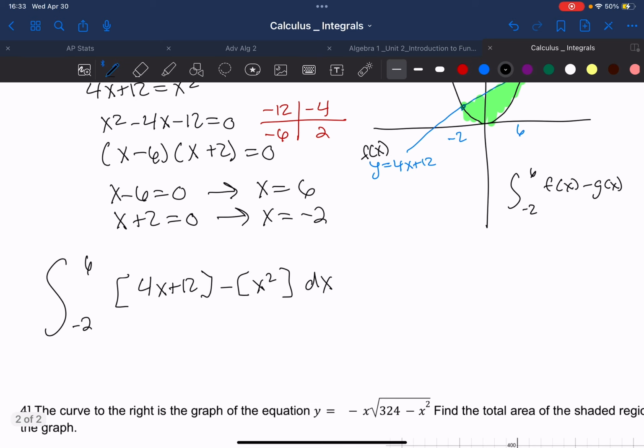This is the same as saying 4x squared divided by 2 plus 12x minus x cubed divided by 3, solved at -2 to 6.